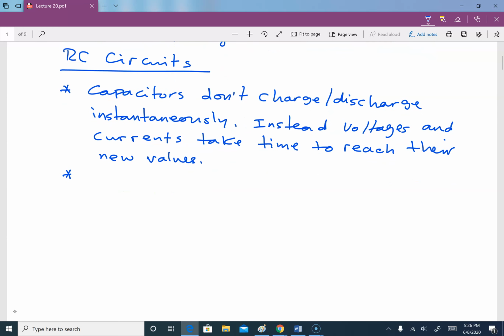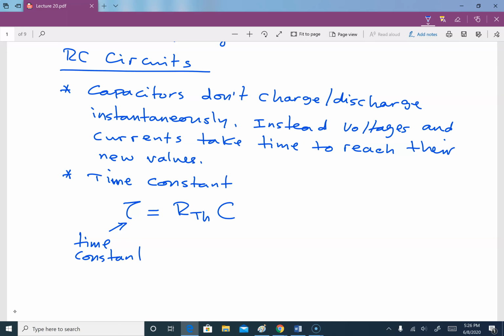Second thing, the time constant is tau equal to R Thevenin times C. This over here is the time constant in seconds.